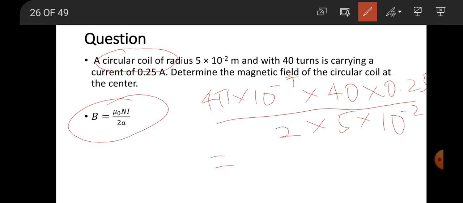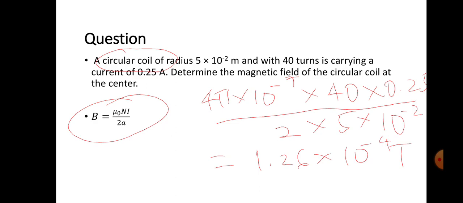Okay, that's giving us 1.26 times 10 to the power minus 4 Tesla. Okay, that's the value we have. So you see, you just know the formula and you're okay.